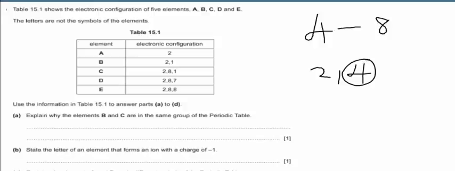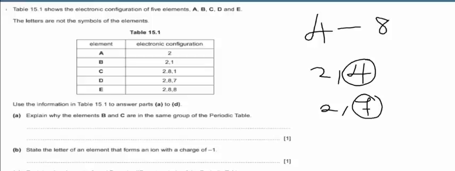Only helium. Then other elements like chlorine, for it to be stable, it needs to have 8 electrons in its outermost shell. Apart from this one, if you have 2, 7, meaning this element needs just 1 electron for it to become stable.